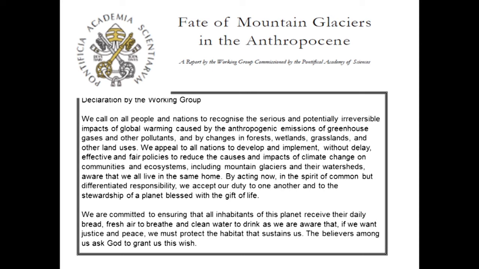We are committed to ensuring that all inhabitants of this planet receive their daily bread, fresh air to breathe, and clean water to drink, as we are aware that if we want justice and peace, we must protect the habitat that sustains us. This was signed by all the scientists attending, and then the believers among us, I'm one of them, ask God to grant us this wish.